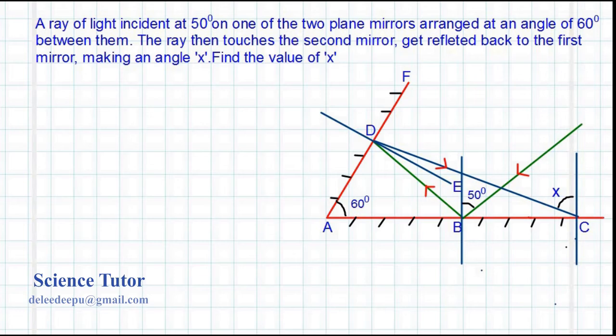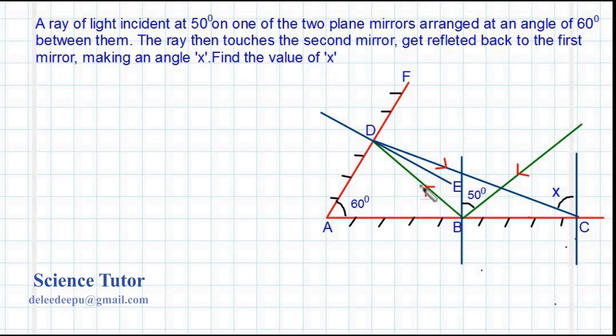This is the ray diagram for the above problem. Here AF is the first mirror and AC is the second mirror. This makes an angle 60 degree. 60 degree is the angle between the mirrors, and this is the incident ray which makes an angle 50 with the first mirror.